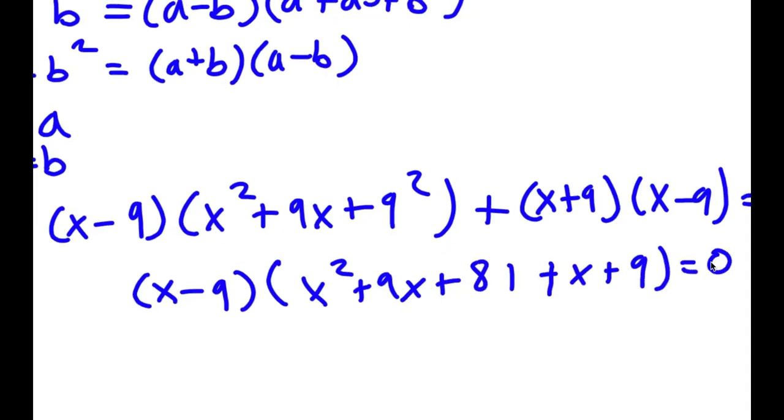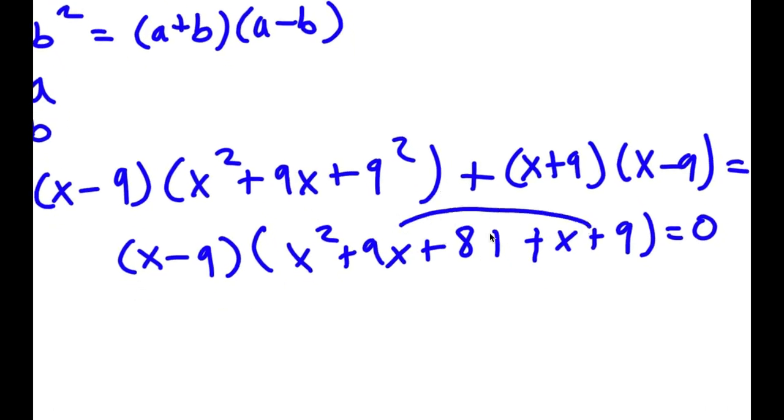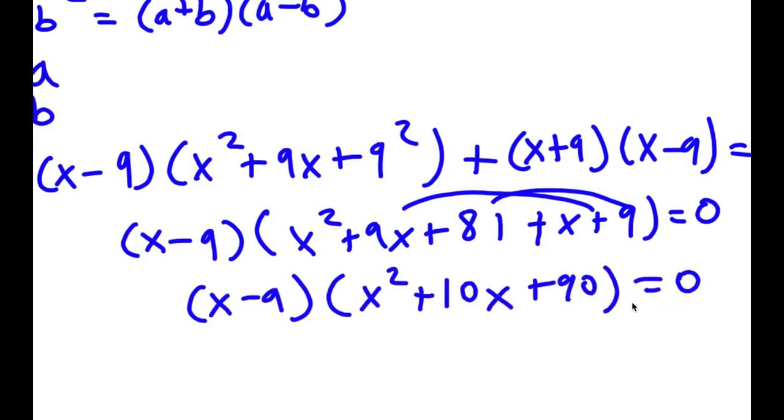And this is equal to 0. Now if I add like terms, we can add 9x and x, and we can add 81 and 9. I get x minus 9 times x squared plus 10x plus 90 is equal to 0. So now this gives me two equations.